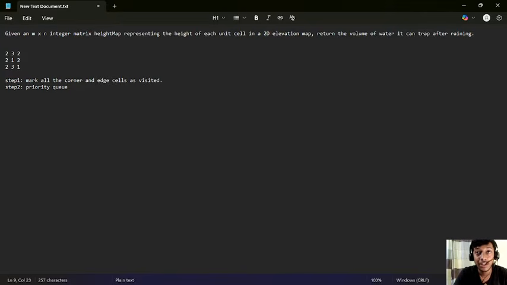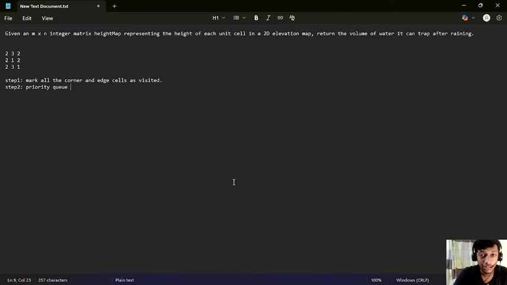What does this mean? This means that after filling water in a cell, that cell can act as a boundary for the adjacent cell whose height is less than the height of this cell. Okay, understood. So this is what we are going to do in this solution.